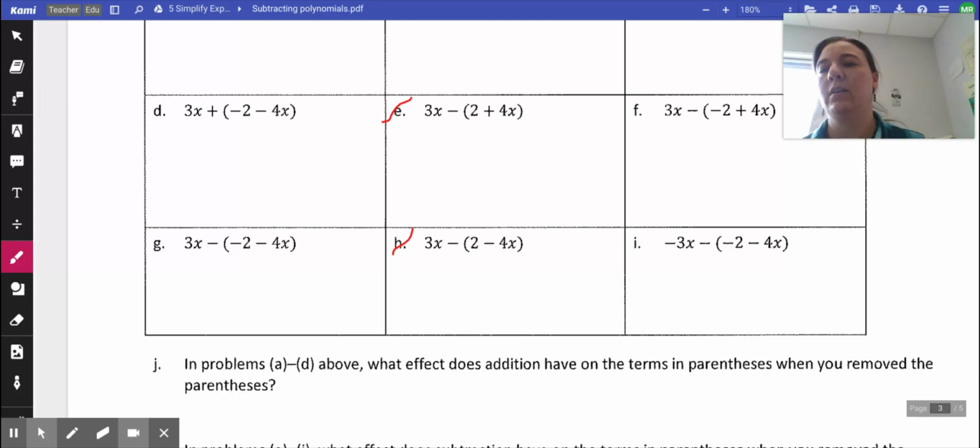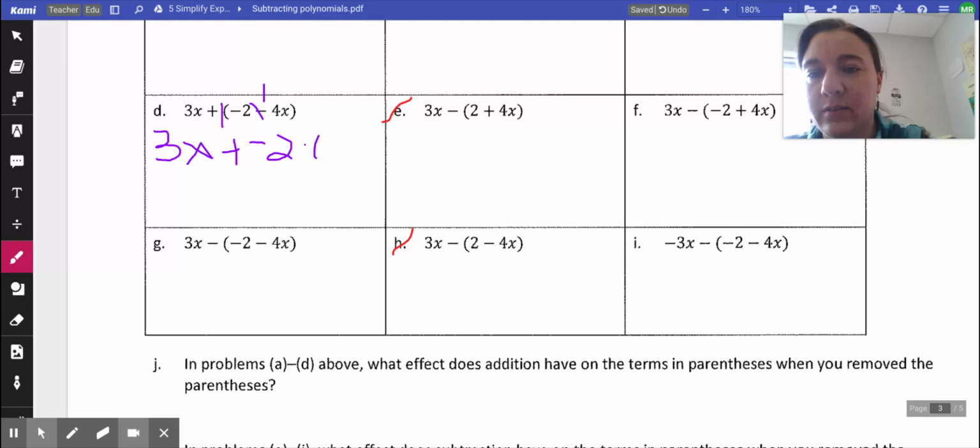Now, what's touching the parentheses here in D? Remember, the only one that has invisibility power is the 1. When I multiply something by positive 1, it doesn't change anything. So I can just copy this. 3x, a negative 2, and subtraction's saying the opposite, so I'm going to write and a negative 4x.